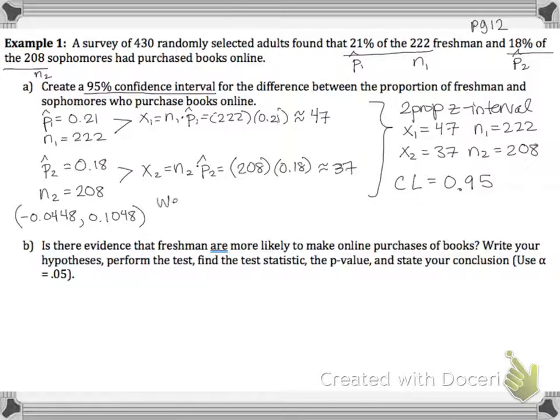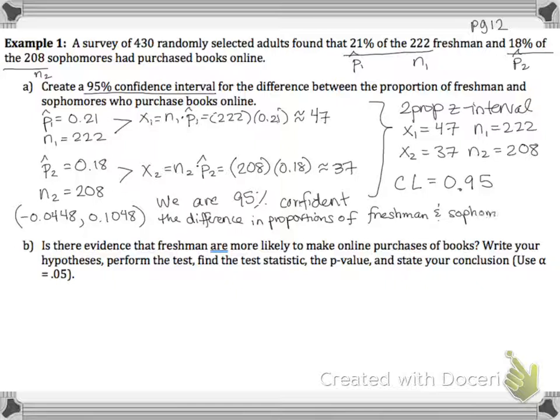So let's go ahead and say we are 95% confident the difference in proportions of freshmen and sophomores purchasing, it's very specific, I know, I need room, books online falls between, and then I actually want us to practice converting these to percentages, because this is how they expect you to answer it on Pearson.